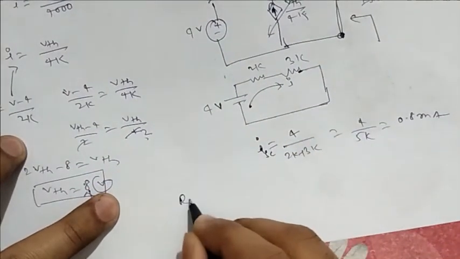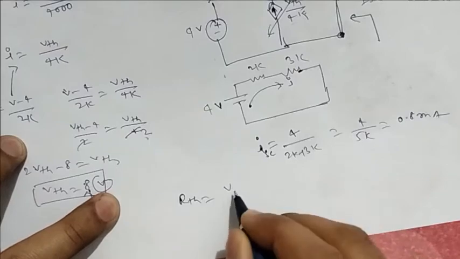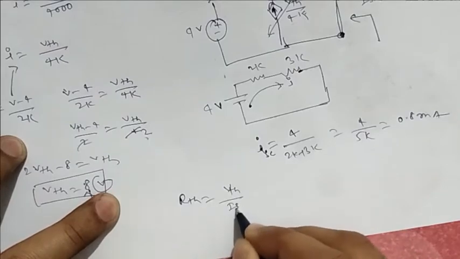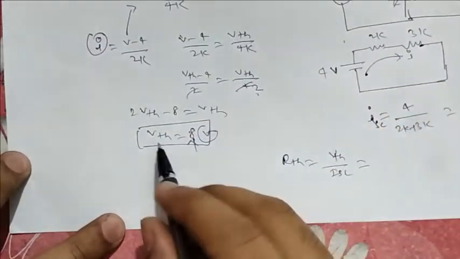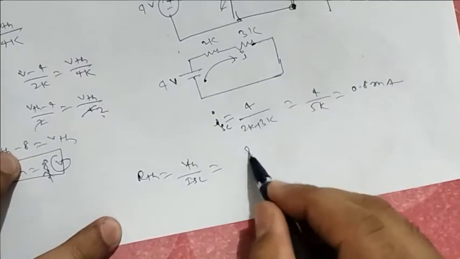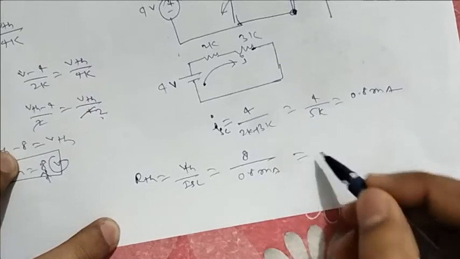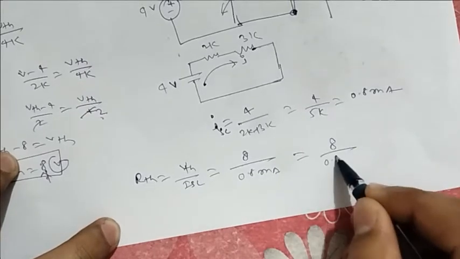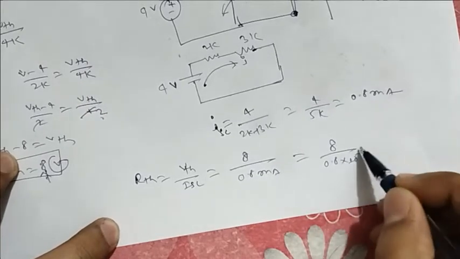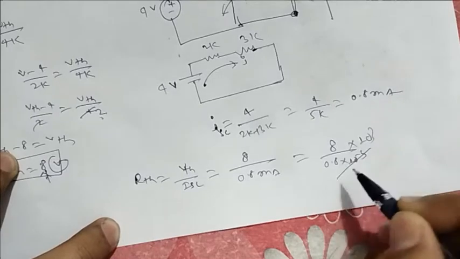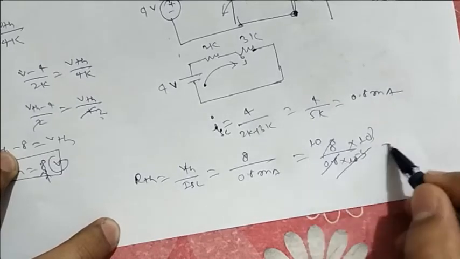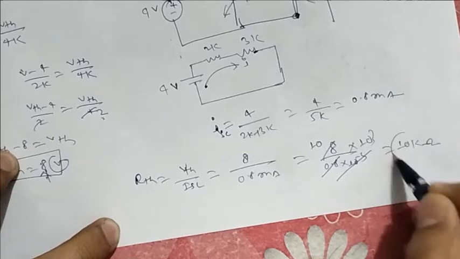Now how to calculate RTH? It is just VTH by ISC. VTH we have calculated as 8 volt, so 8 by 0.8 milliampere, which is 0.8 into 10 to the power minus 3. This will give me 10 kilo ohm.